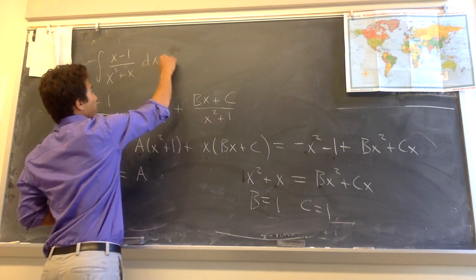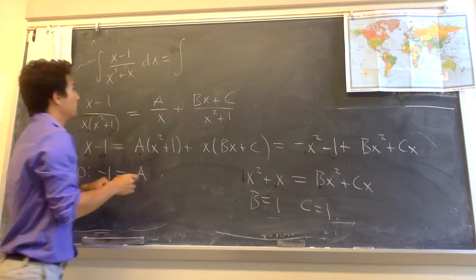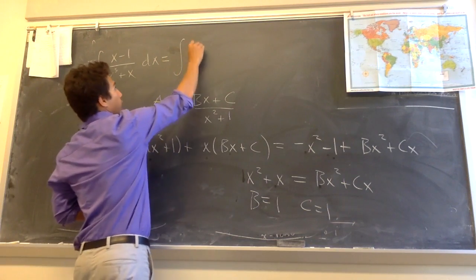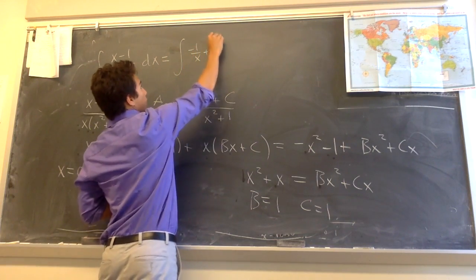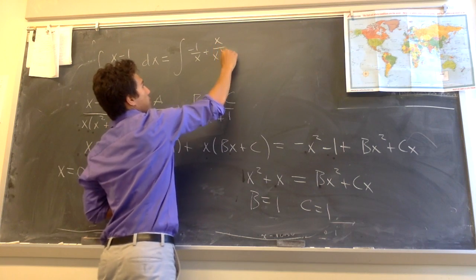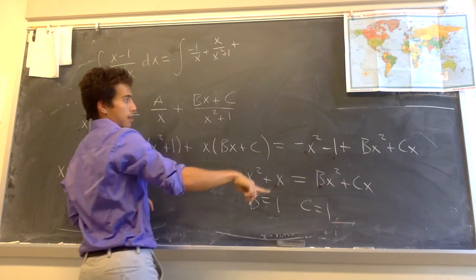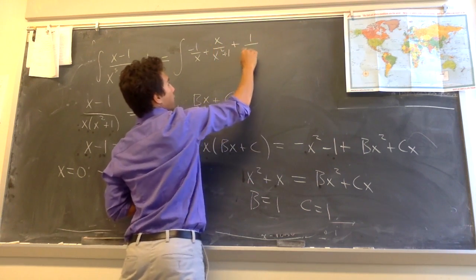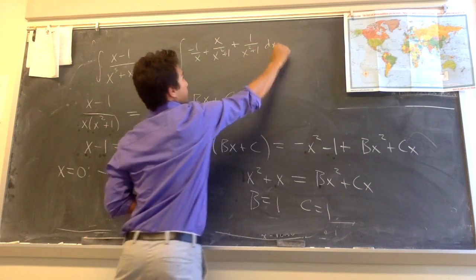So this integral is equal to the integral of negative 1 over x, plus x over x squared plus 1, plus 1 over x squared plus 1, dx.